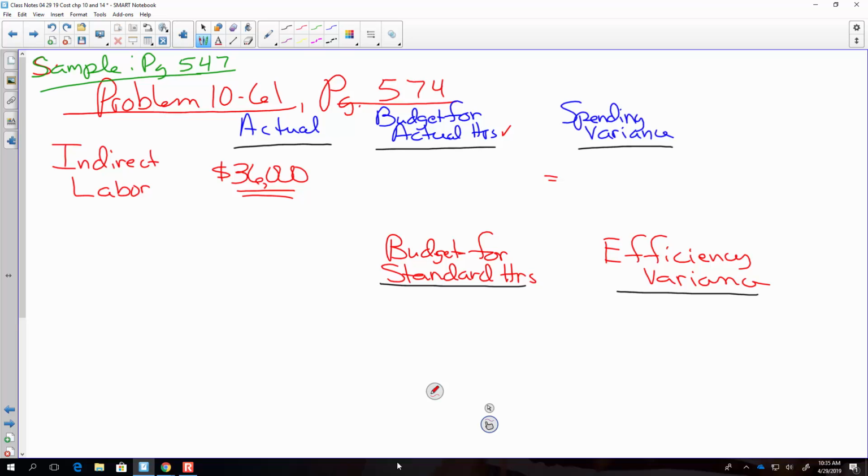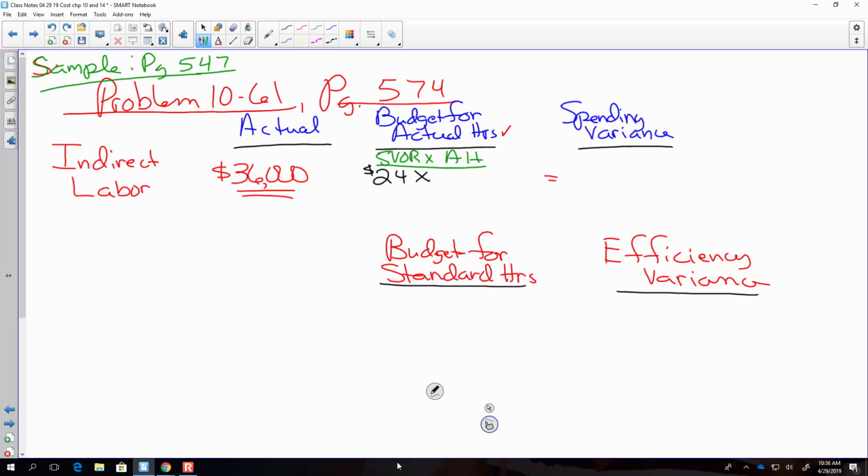To get the middle number here, we're going to have to take our standard variable rate times the actual hours. For problem 61 and for indirect labor, what is our SVOR rate? 2640. Be careful, I only want indirect labor. Oh, the 24. Yeah, so this should be the $24.